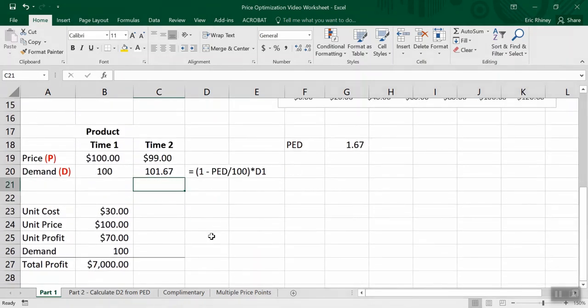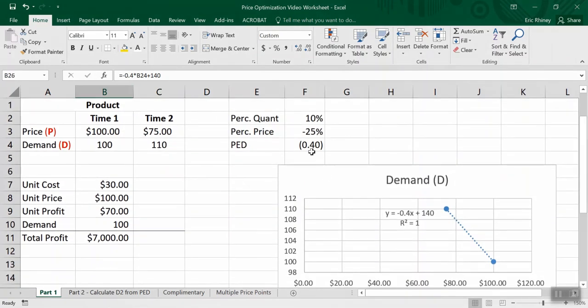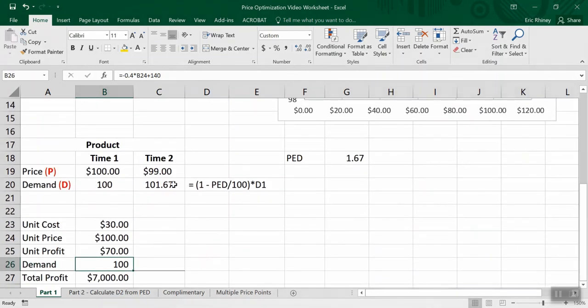So, all right. Now, what we have in here right now is the demand equation using this up here, which was calculated using these price points. But now we actually have new price points. We have a new demand curve. All right.